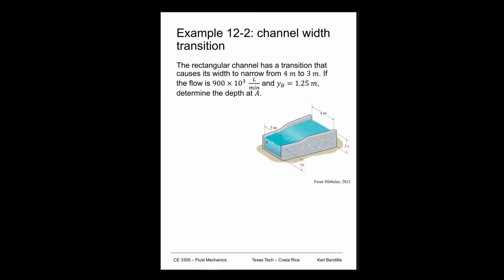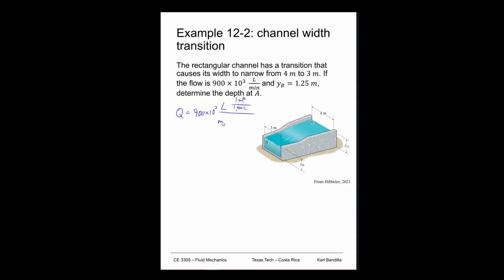So I think the first thing that we'll do is we'll just convert our Q into cubic meters per second. So we have Q is equal to 900 times 10 to the 3 liters. Now liters, there's 1 cubic meter per 1,000 liters.